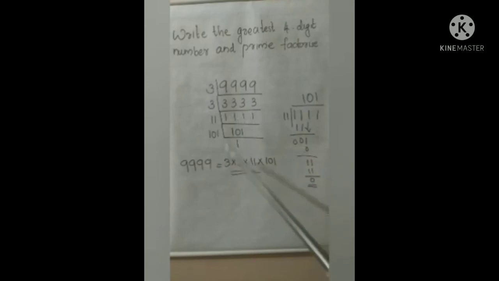Now 101, again you are checking: 1 plus 1, 2. This is not an even number, so not divisible by 2. 1 plus 1, 2, so 3 will not divide it. Again this is an odd number. But if you check, you can see this 101 is a prime number. Prime number means the only factors will be that number and 1.